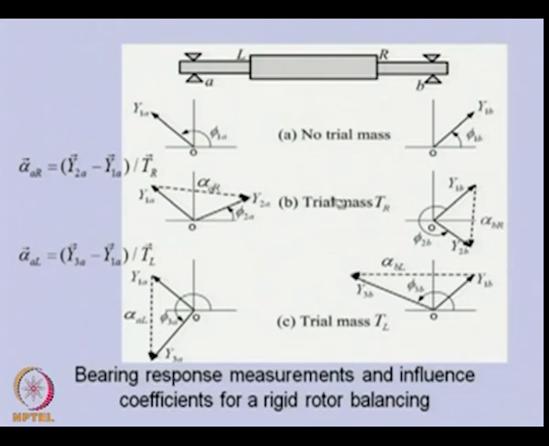So let us say because of this trial mass, now we got an amplitude of y2a, this is the vibration, and the phase of that vibration is phi 2a.